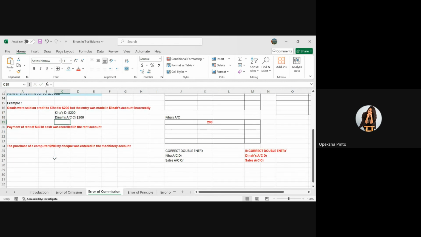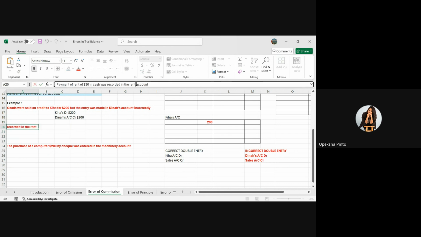Then a payment of rent for 30 in cash was recorded in the rent received account, right? This is the mistake they're telling. Sorry guys, this question is wrong. A payment of rent of 30 in cash was recorded in the general expenses account, right?